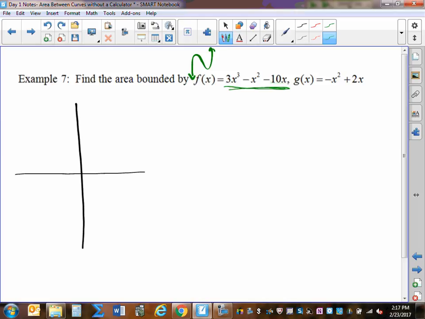We can find our x-intercepts from here, right? How do I find my x-intercepts? Yeah, set it equal to 0. So I have, let's go and factor out an x. x squared minus x minus 10. Ooh, we can do some factoring.